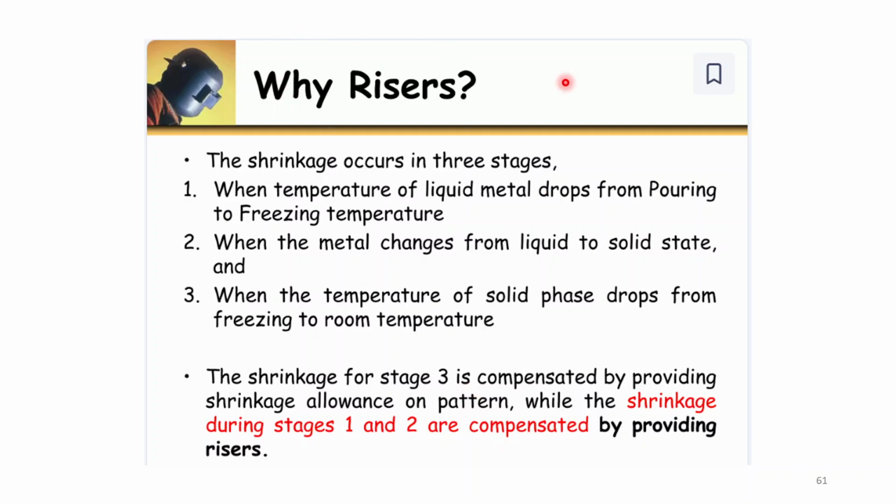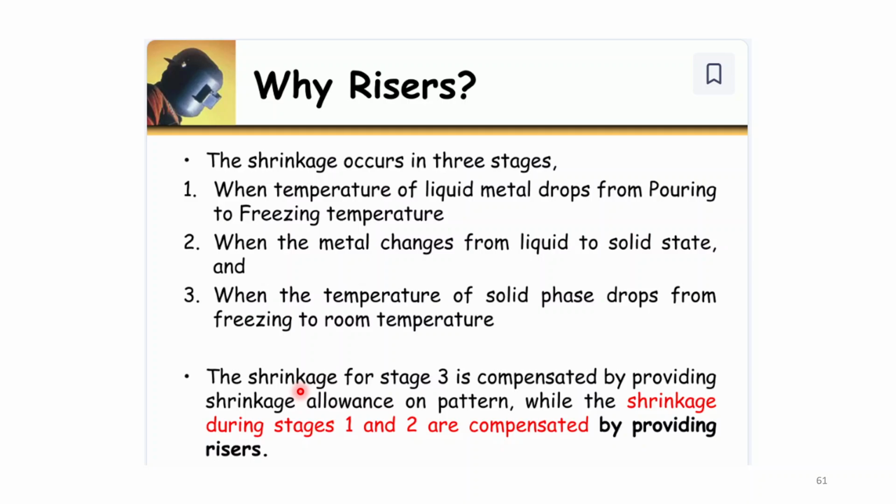Now why do we use risers? The shrinkage occurs in three stages: when the temperature of the liquid metal drops from pouring to freezing temperature, when the metal changes from liquid to solid state, and when the temperature of the solid phase drops from the freezing to the room temperature.